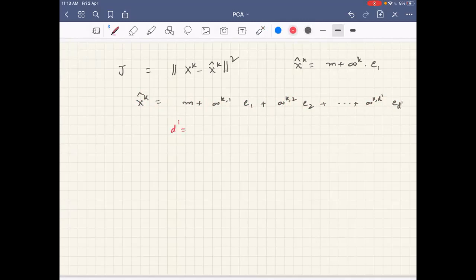So d dash equal to d, assume that. Then what will happen to xk hat? It will be exactly equal to xk. That means since I consider all the directions, d dash being d considers all the dimensions of the sample.